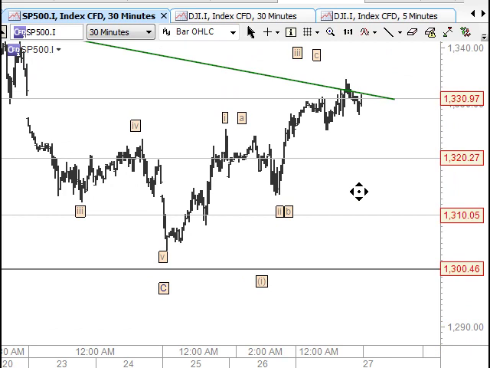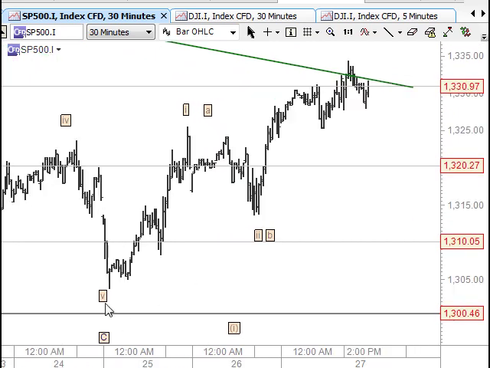What we have at the moment is we knew that we had 5 waves here, and when you get 5 waves, that means that after an ABC correction, you'll get another 5. So what we don't know is whether this move up through here is wave 1, or a bigger impulse wave, in terms of wave 1, 2, 3, 4, and 5, which in turn would give us another 5 waves up?